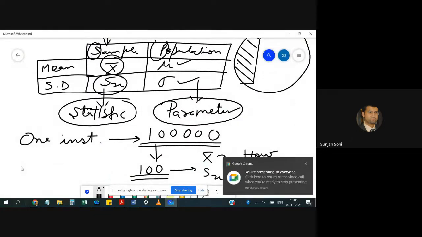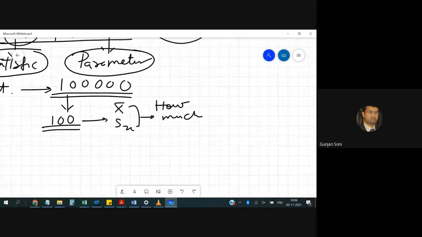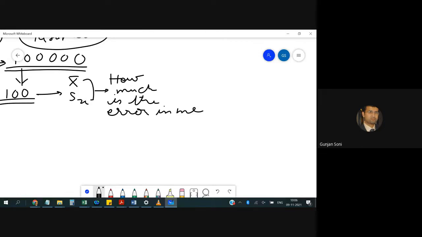Yeah. So you see that, how much is the error in measurement? And can you tell me what type of error are we talking about?